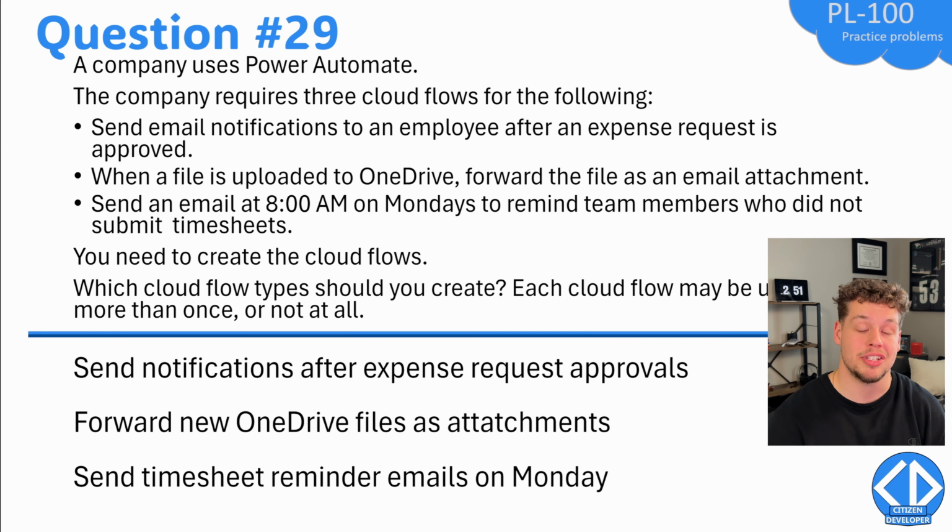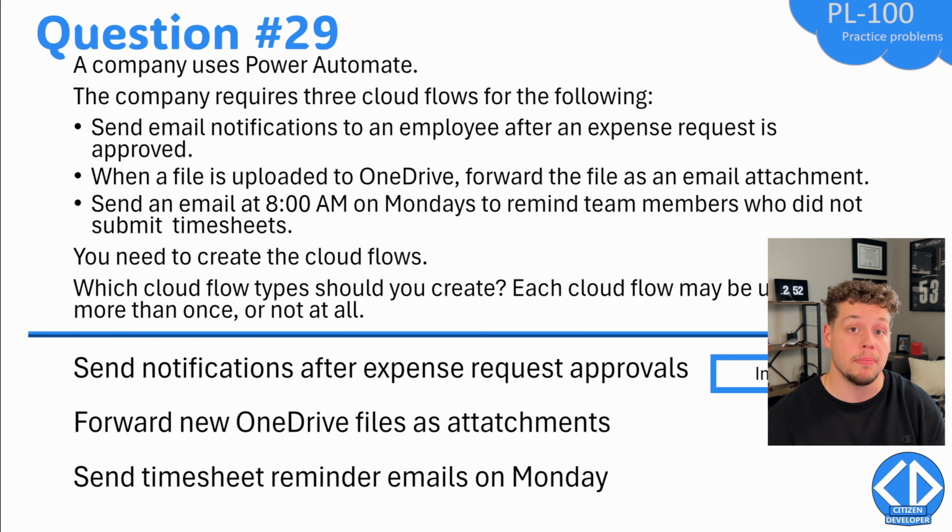So in this situation, it's likely to assume that the expense request approval process is its own automated flow and an approval flow. And if this is approved, we then want to do this. That to me sounds like a child flow, making this first situation an instant cloud flow. Again, child flows are going to be instant cloud flows, not automated.